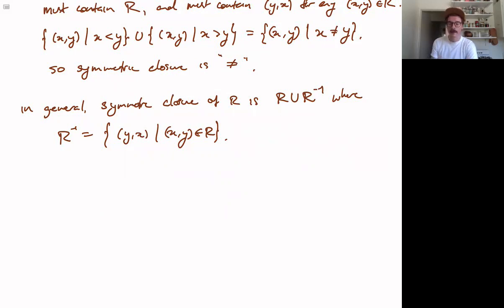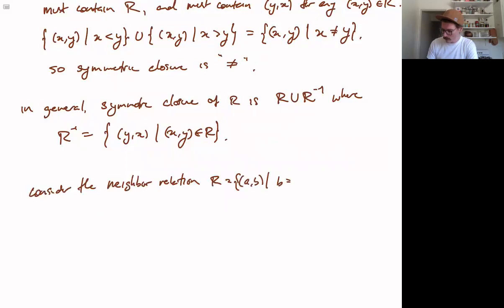Let's consider our example of a non-transitive relation, which is the neighbor relation. Let's say on the integers. What is the transitive closure of this?